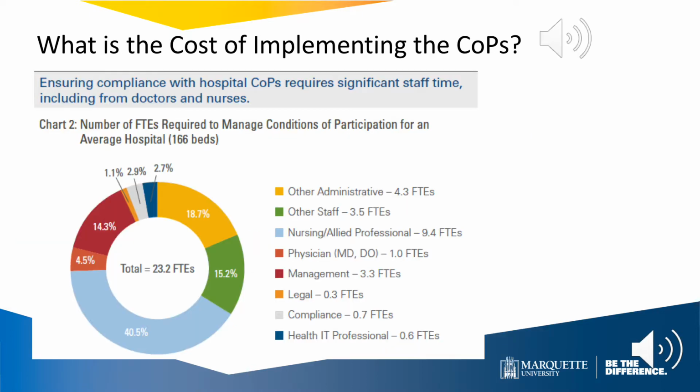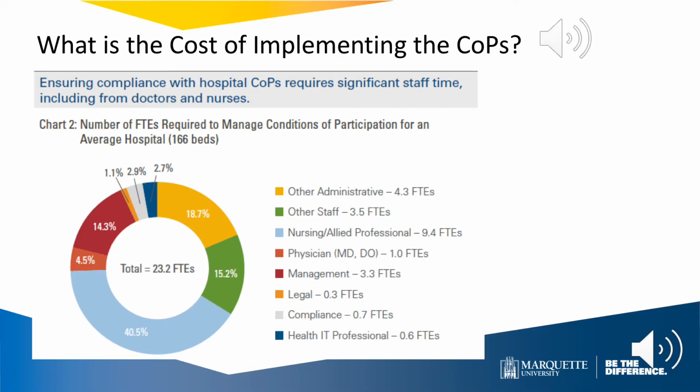Though a necessary part of the process in having minimum standards that facilities must meet to provide care under the Medicare and Medicaid entitlement programs, there is a significant cost associated with complying with those requirements. This graphic was taken out of your reading today, produced by the American Hospital Association.